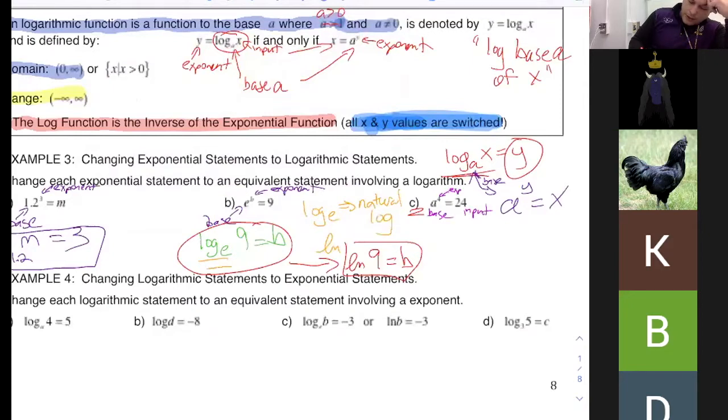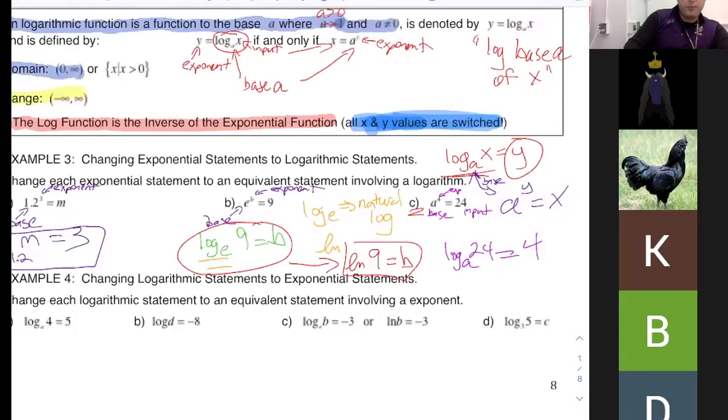So it's going to be equal to the exponent. Base is base, 24. So give me a thumbs up. How many got log base a of 24 is equal to 4? Good, good, good, very good.